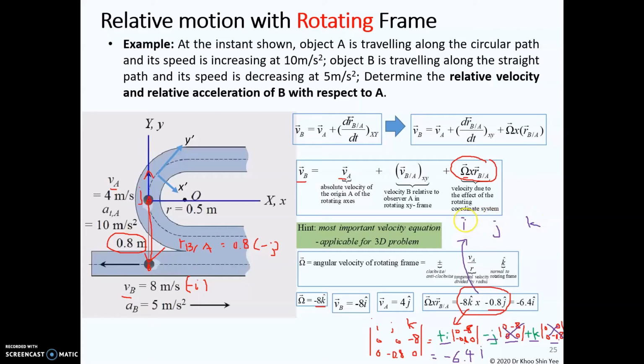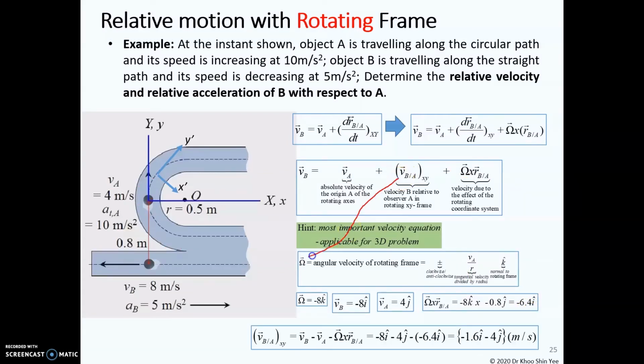So when you cross I cross J, you obtain K. J cross K, you obtain I. K cross I, you obtain J. Therefore, when you take J cross K, you obtain I. If you reverse it, you take K cross J, then you obtain negative I. So since you obtain negative I here, then take the negative 8 multiplied with negative 0.8, you obtain 6.4. So the final answer is negative 6.4i. You get the same answer.